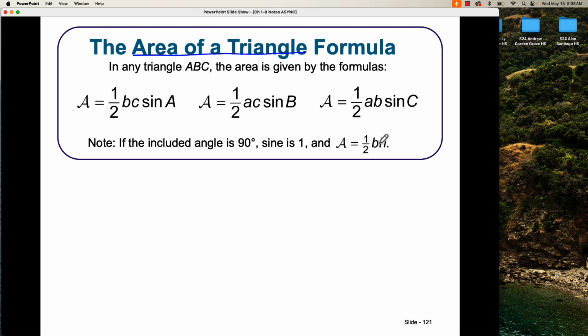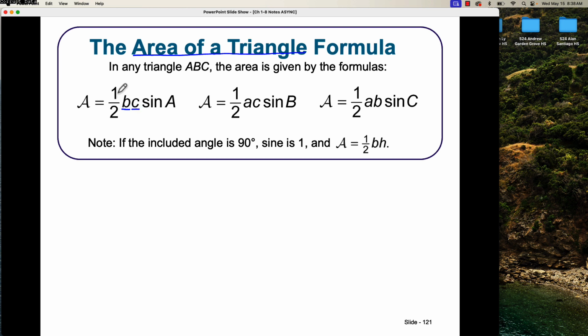Let me elaborate on what this included angle of 90 degrees, making sine equal to 1, means. In any triangle, capital A, capital B, capital C, the area is given by the formulas. Area is equal to 1/2 one side length times another side length. We're used to that part right there, except normally it's base and the height specific to that base, or altitude.